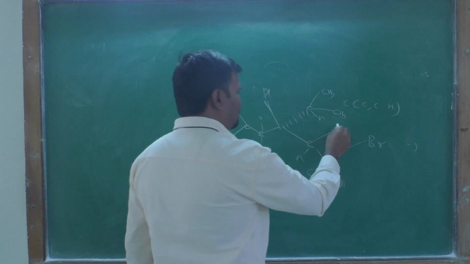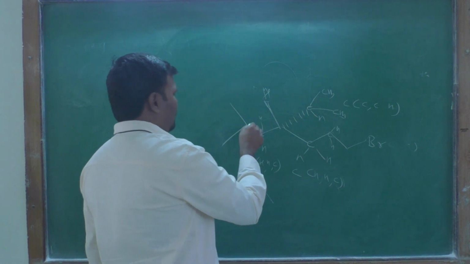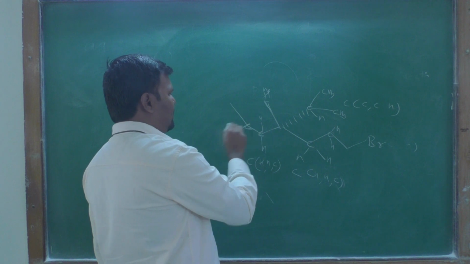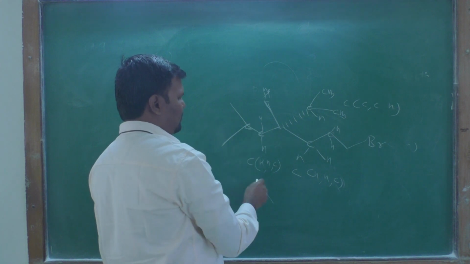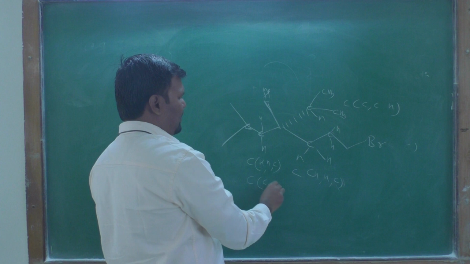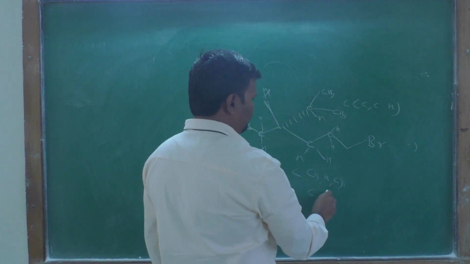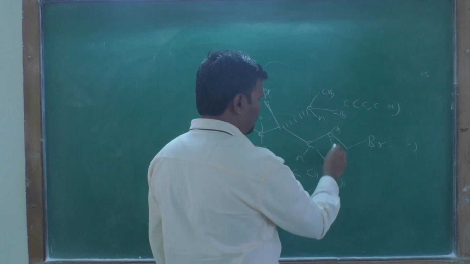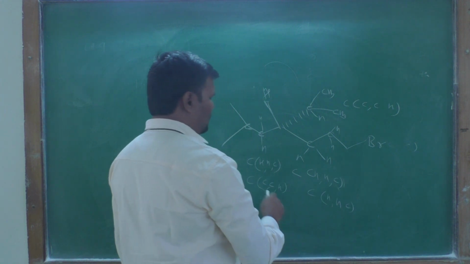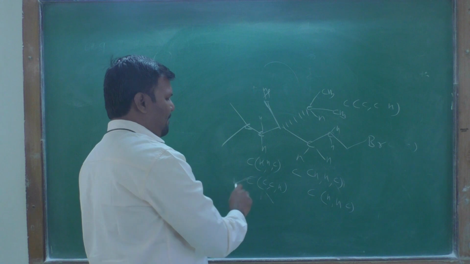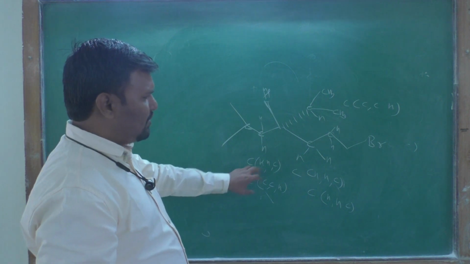If such a condition occurs, you can find the next carbon. The next carbon has two carbon attachments and one hydrogen. For this carbon, two hydrogens and one carbon. Therefore this will be your higher priority group than this.